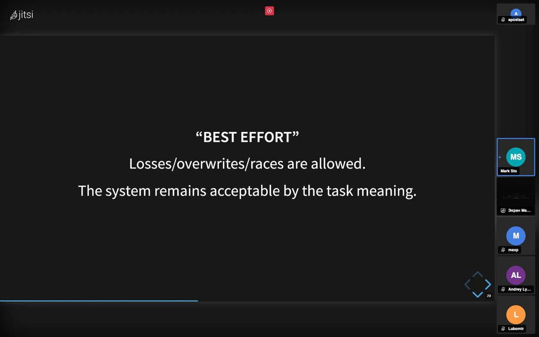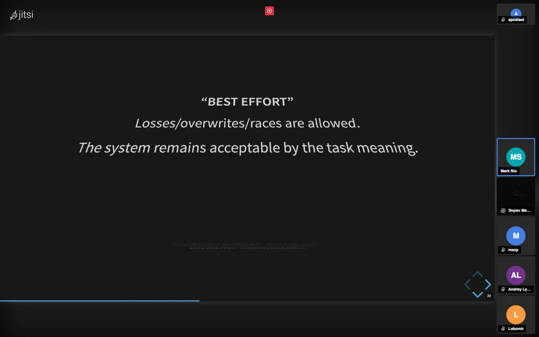Typical cases are non-strict caches, stats, metrics, counters for observability purposes, last seen updates, heuristic flags, progress bars, and even periodic background updates where skips, duplicates, and last-write-wins are acceptable by their semantics.